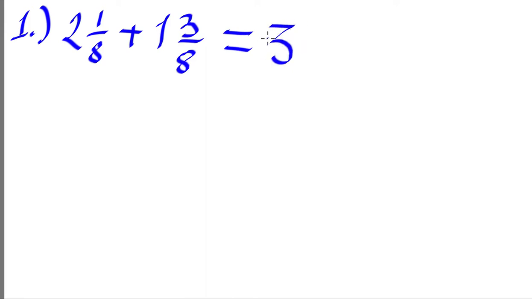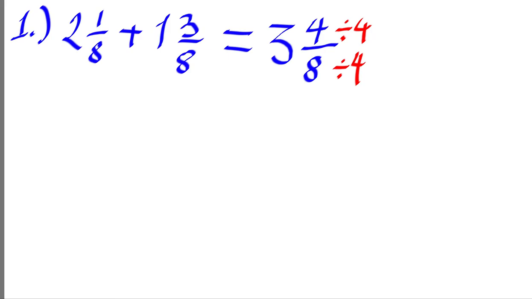And then we're going to add the fractional part. Notice that the fractions are similar, so they have the same denominator. So we're going to add the numerators: 1 plus 3 is 4, and copy the denominator. And then see if we can simplify. So we have 4/8, and we can see that they have a greatest common factor, which is 4. So we divide the numerator by 4 and the denominator by 4 so that we have the simplest form of this fraction.